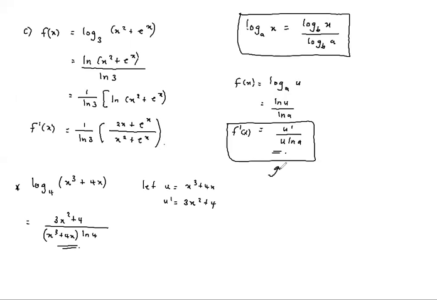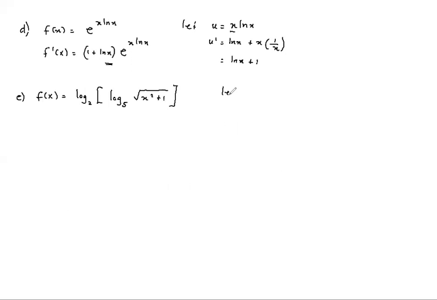So if we let u be log base 5 of the square root of x squared plus 1, the derivative f prime of x is going to be, because now the function has changed, remember? What we have now as a function is log base 2 of u. So its derivative is going to be u prime over u ln 2.